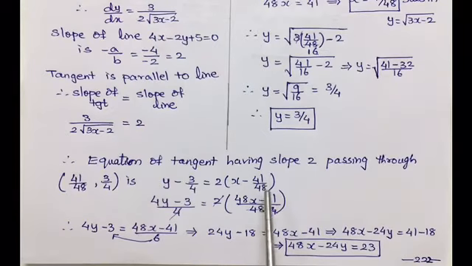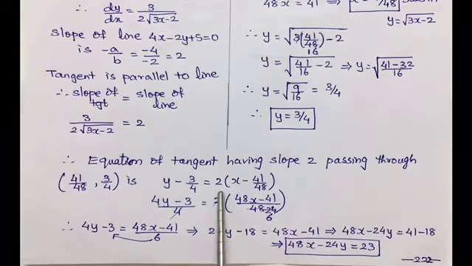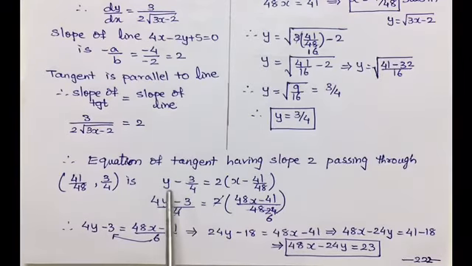The value of x0 is 41 by 48, y0 is 3 by 4, slope is 2. So going for the LCM, we get (4y minus 3) by 4 is equal to 2 times (48x minus 41) upon 48.